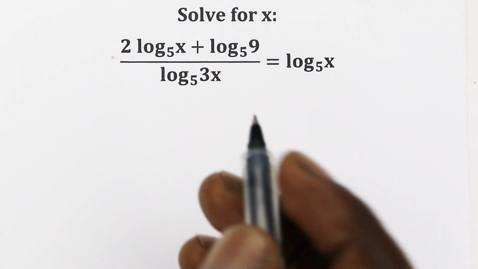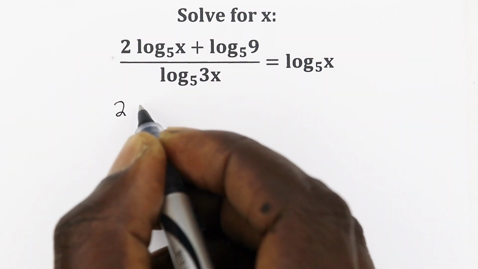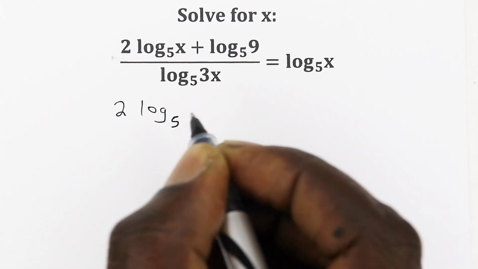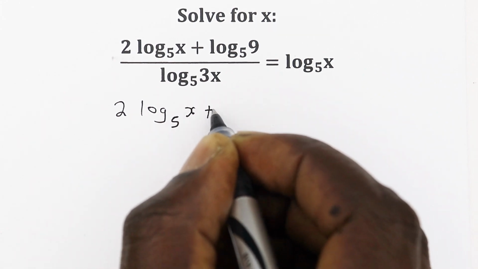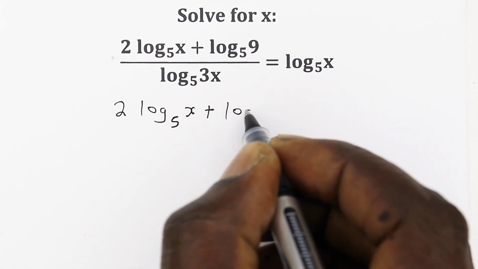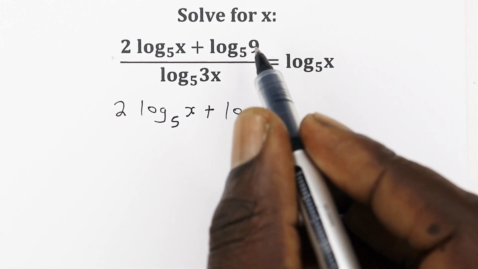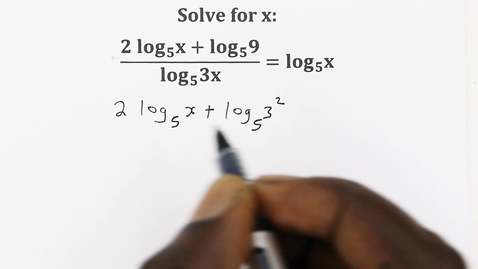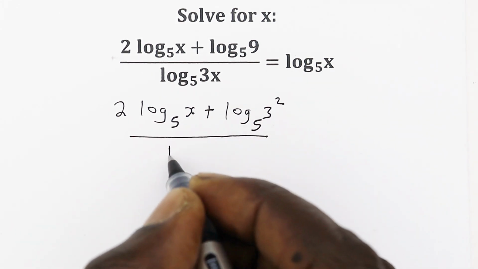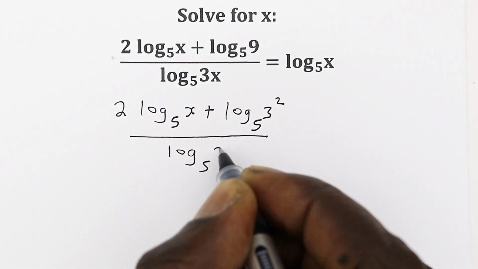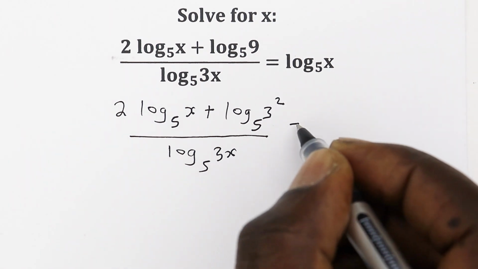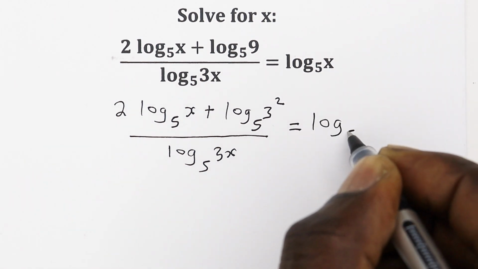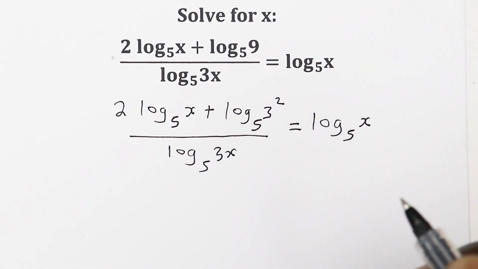Let us write this as 2 log to base 5 of x plus log to base 5, and you can write 9 as 3 squared, and that is over log to base 5 of 3x, which is equal to log to base 5 of x.